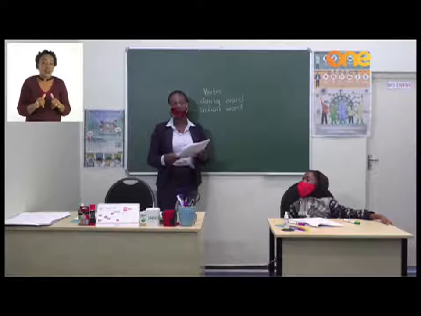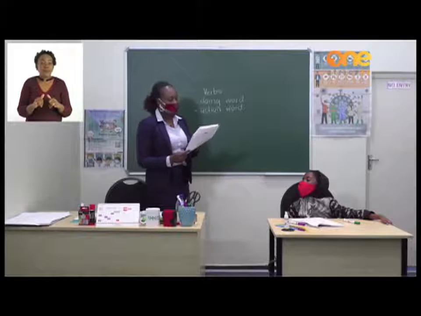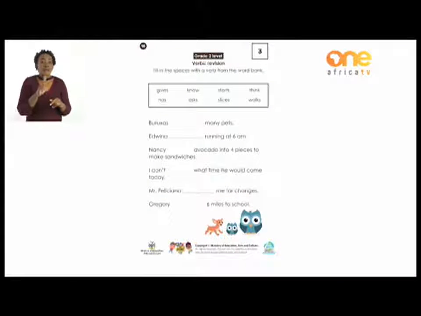Now, this is what we are going to do. I want you to choose a verb to complete the given sentences below. I'll start by doing number 1 and 2 with you. The first question is, Baruch says dash many pets.